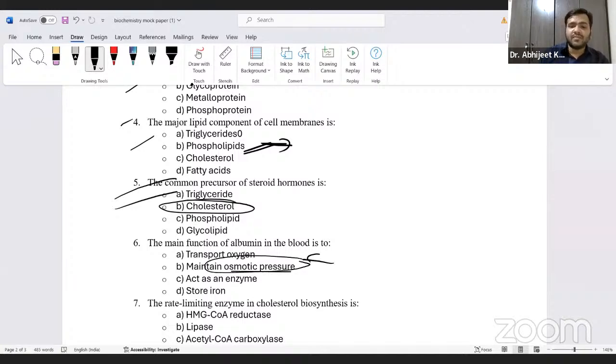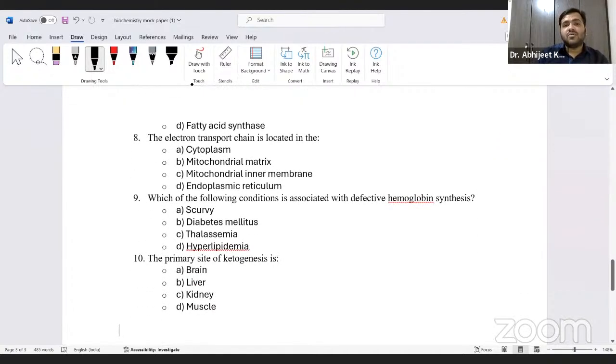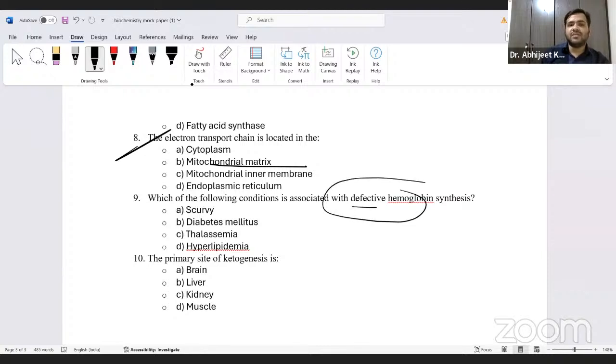The rate limiting enzyme in cholesterol biosynthesis is HMG-CoA reductase. The electron transport chain is in the mitochondrial matrix. Which of the conditions is associated with defective hemoglobin synthesis? The primary site of ketogenesis is always the liver.